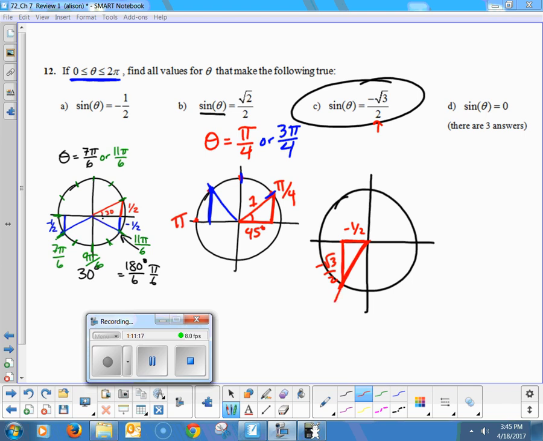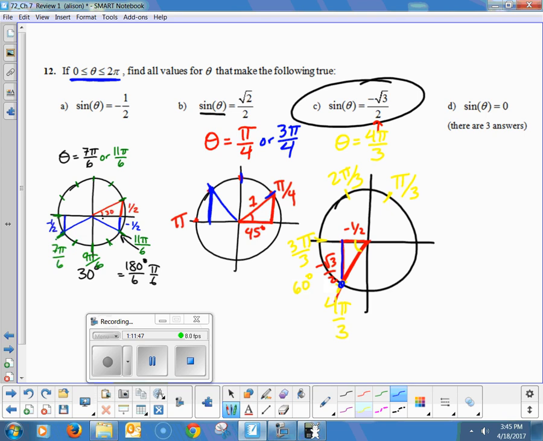And if I'm not mistaken, this yellow angle right here is 60 degrees. And every 60 degrees is 1/3 of pi. So here's 1/3 pi. Another 60 degrees is 2/3 pi. And then this angle here is 3/3 pi, also known as pi. So this angle is 4/3 pi. So that's one answer: 4 pi over 3.